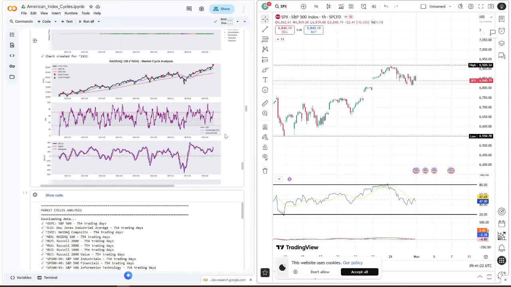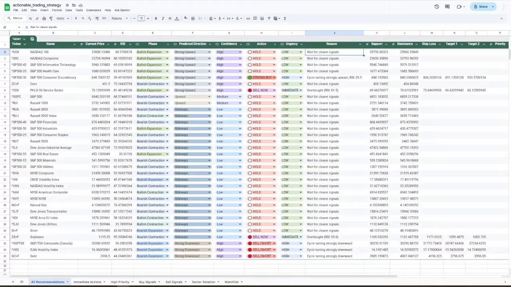So this goes better with the time variable. If we do not ignore the price, but set it aside and go for peaks and troughs, we can basically navigate the market from a different angle. Okay, so our actionable trading strategy, that's how the file downloaded.